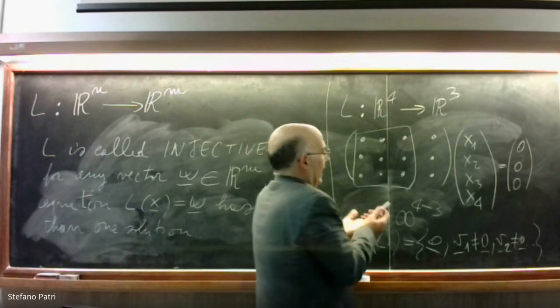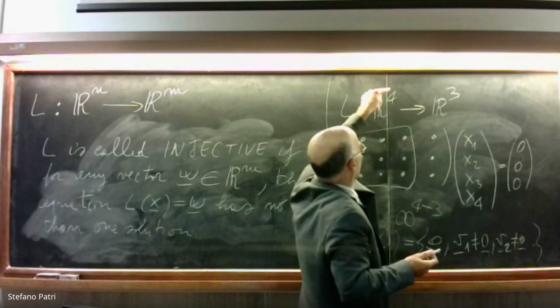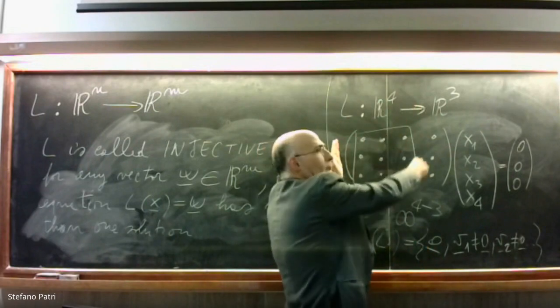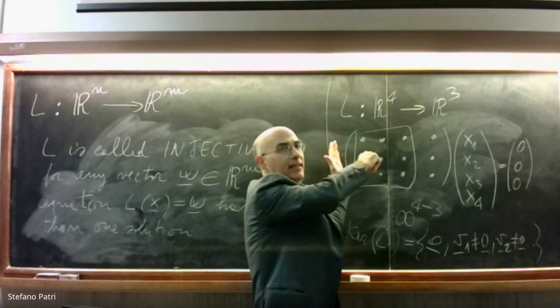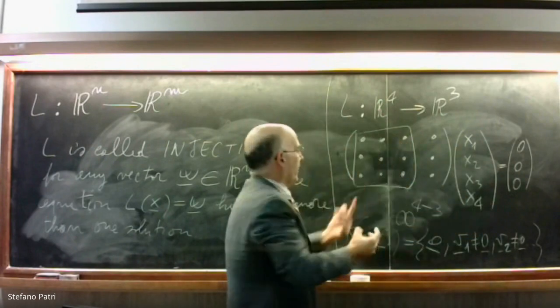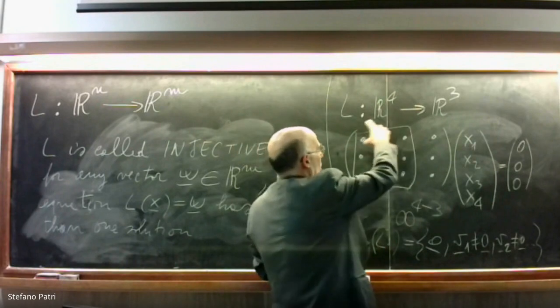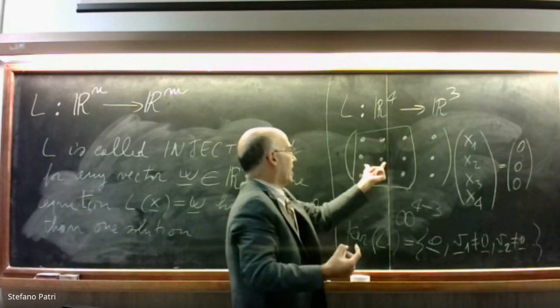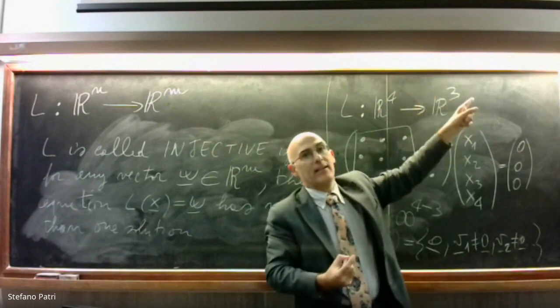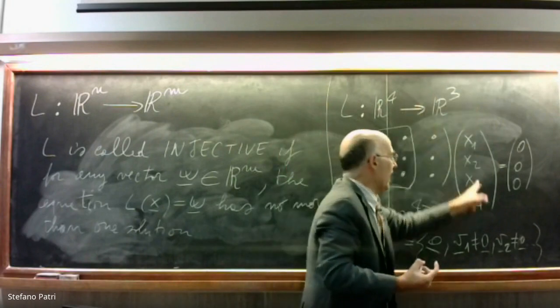Why? The reason is that the highest possible rank of the matrix is less than the number of unknowns. What is the highest possible rank of the matrix? It's 3, like the dimension of the second space. What is the number of unknowns?